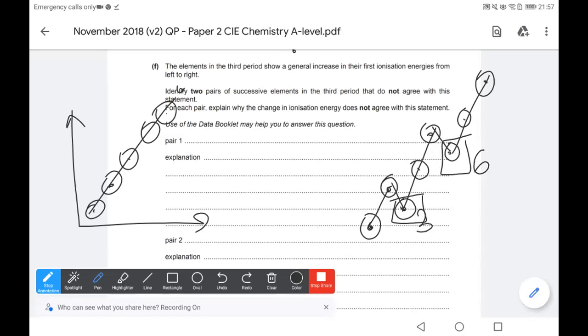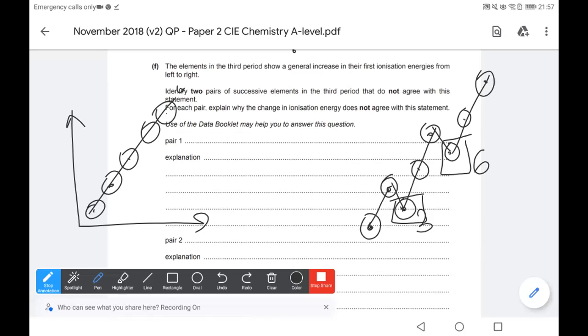Third group becomes less than the second, and sixth group becomes less than the fifth. Those are the two contradictions to the general increment.